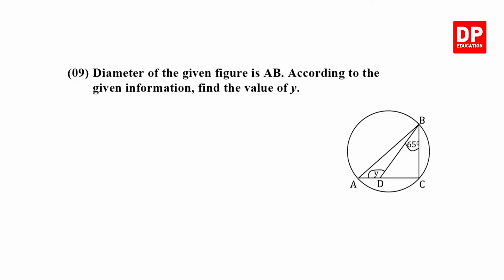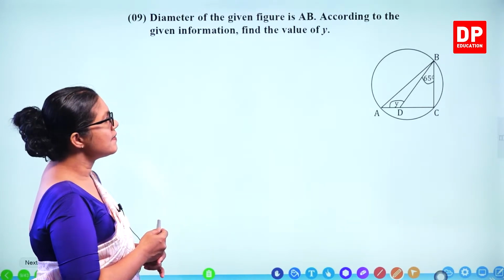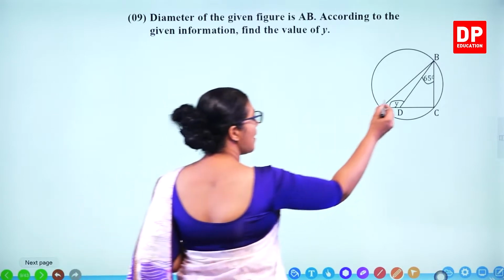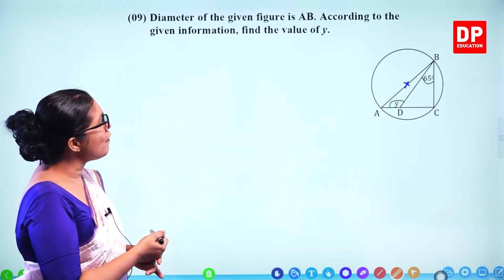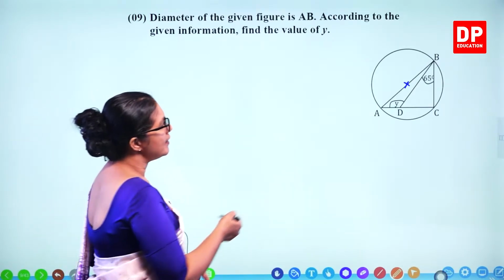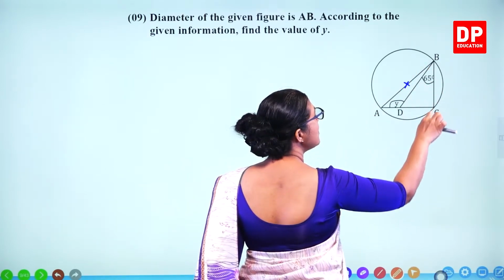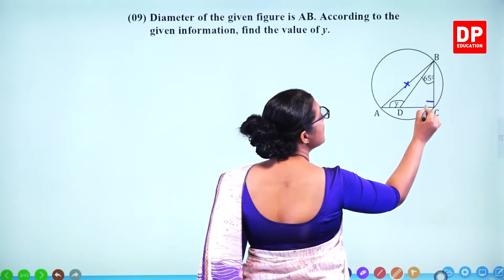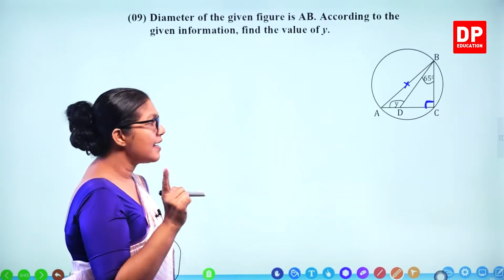Question number 9. Diameter of the given figure is AB. That means the center is somewhere there. According to the given information, find the value of y. How do we find out the value of y? This angle, now this is the diameter, so this is a semicircle angle, 90 degrees. So semicircle angles are 90 degrees.